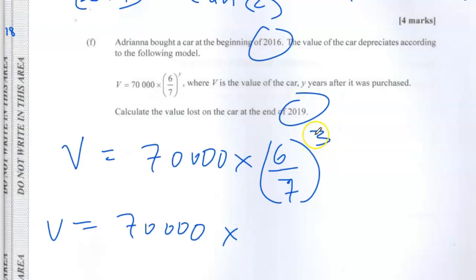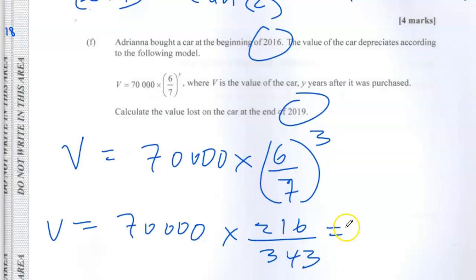You're basically multiplying the fraction by itself 3 times, right? 6 over 7 times 6 over 7 times 6 over 7. So you multiply 6 by itself 3 times, 6 times 6 times 6, 216. And then 7 times itself 3 times, 7 times 7 times 7, that's 343.